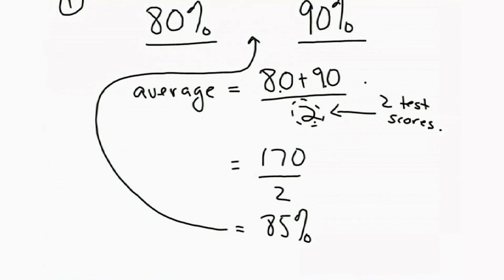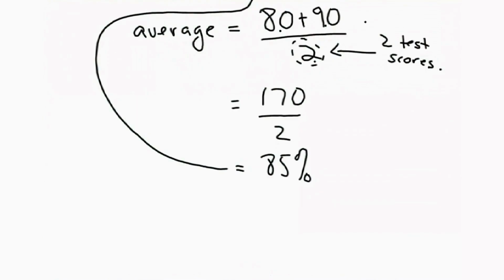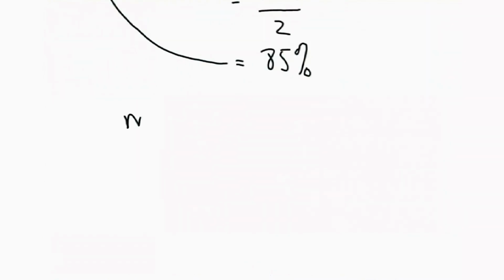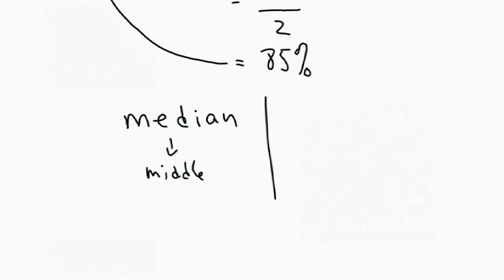The middle is actually a statistical measure called the median. This is the middle. But the statistical measure of the average is called the mean. The mean is really the average.